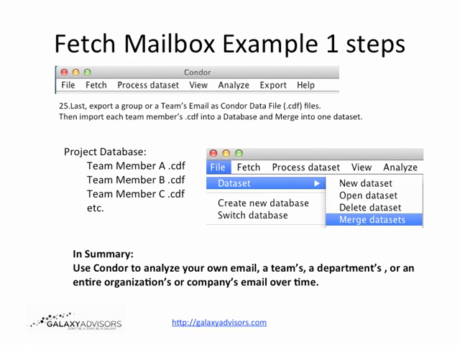You can then do that very easily in Condor if you export it as a Condor data file, and then import each team member's Condor data file, or CDF, into a database, and use the File Dataset Merge dataset option to merge them into a single one, and then look at, as a group of 2 or more, what does it look like. So in this case, we could have a project database with team member A, B, and C, and so on. Then we can use the file dataset merge to merge those email datasets together to look at a more comprehensive picture.